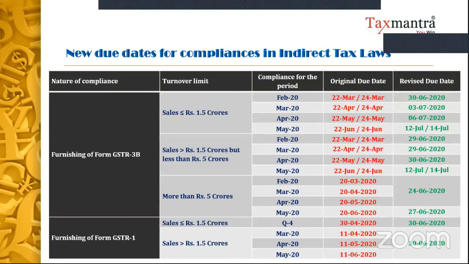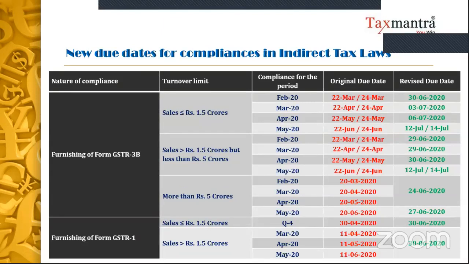If you can see the original due date for the months of February, March, April, May, it would be the 22nd of March and 24th of March for the month of February, depending on the states of the taxpayers. Because in case of West Bengal, the due date of filing of GST 3B for the month of February would be 24th March.